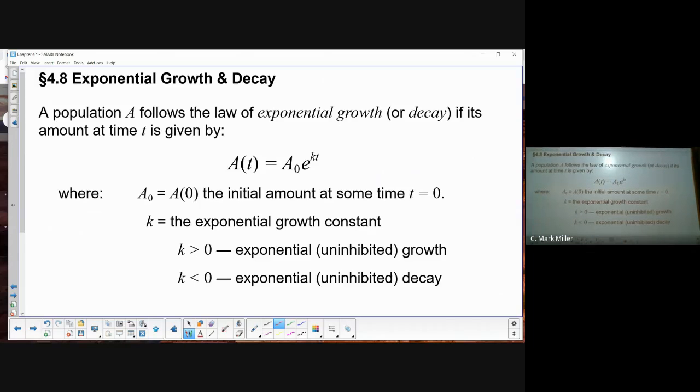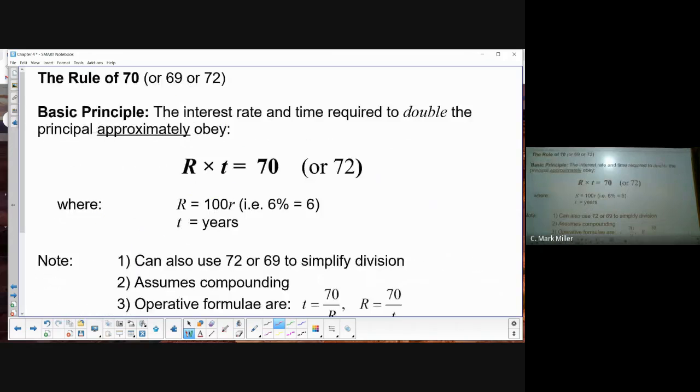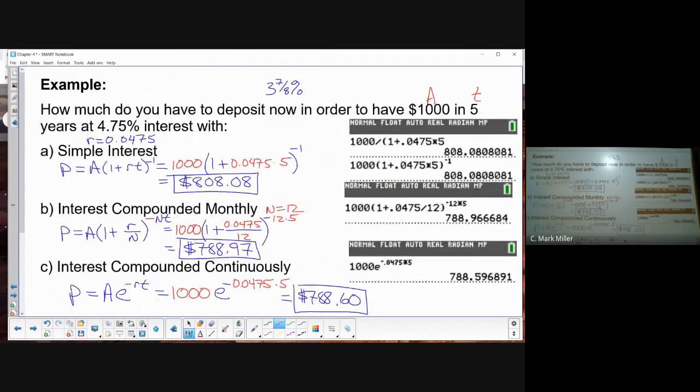I mentioned before, on an exam, I expect you to put down the relevant work. So in other words, if you give $808.08, put down the formula that you entered into your calculator, right? You don't have to do that math by hand, but I want to see that on your paper as your backup work for that answer. That has two advantages.